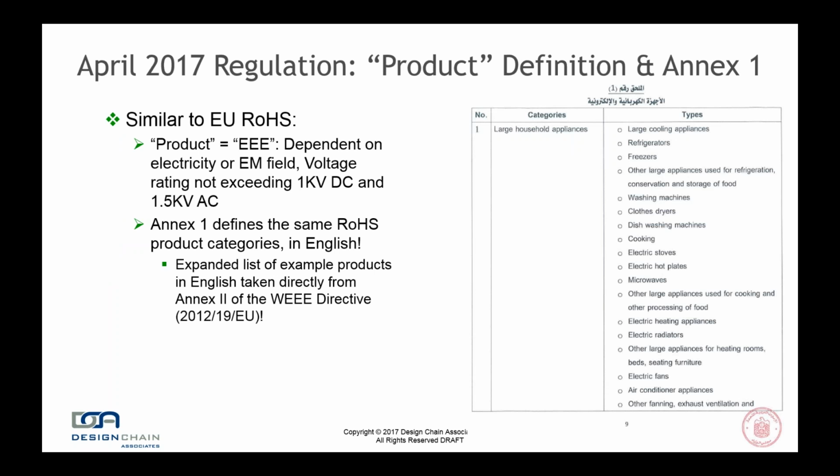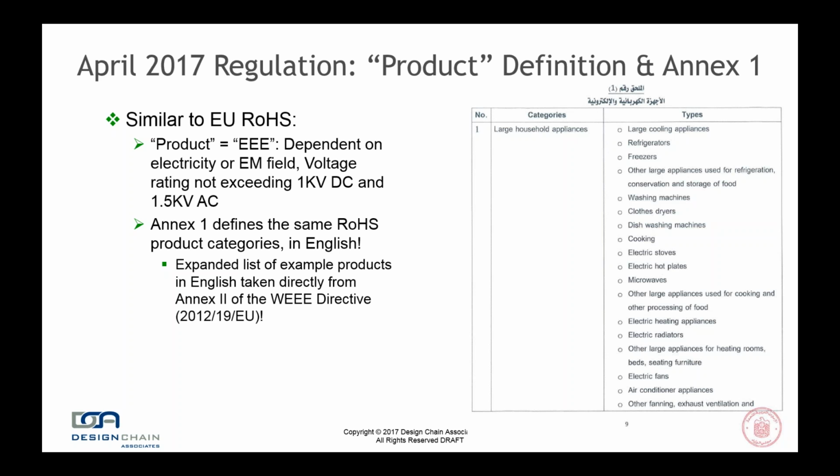The current regulation is interesting. It's in Arabic. However, most of the annexes are in English, and you can tell exactly where they're taken out of.